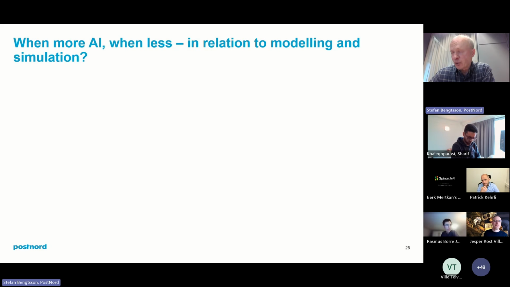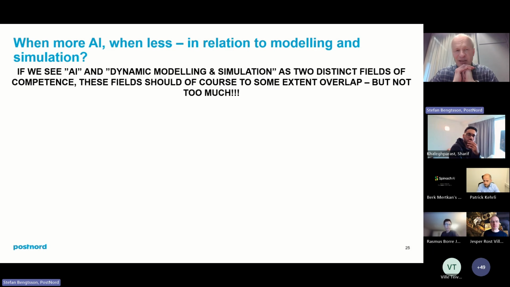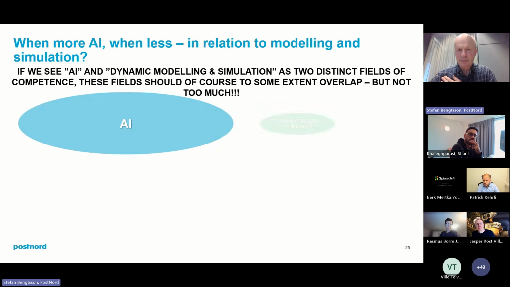To summarize in relation to AI, if we see AI and dynamic modeling and simulation as two distinct fields of competence, I think these fields should to some extent overlap, but not too much.